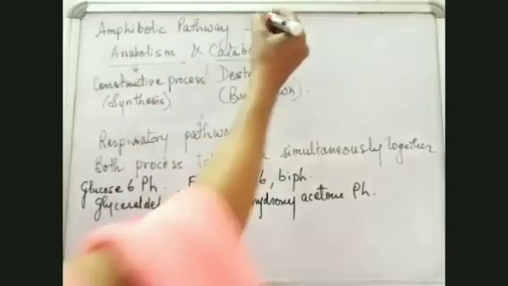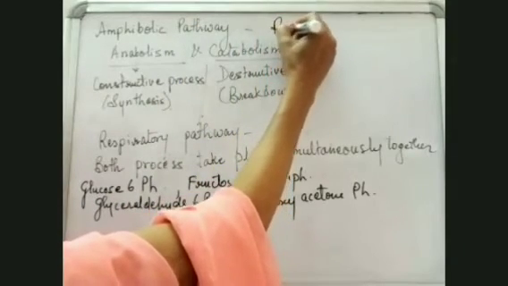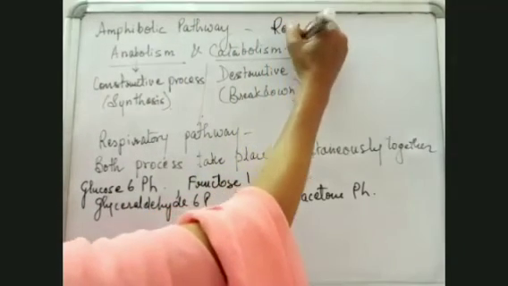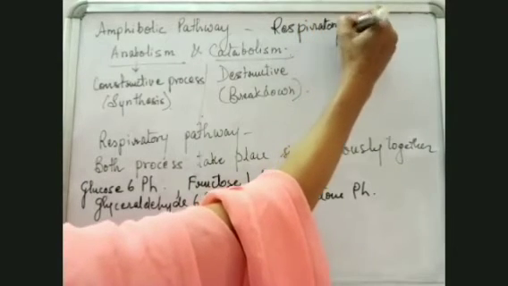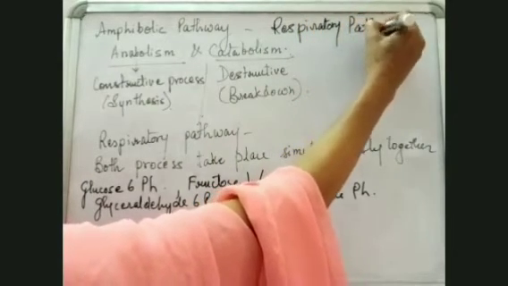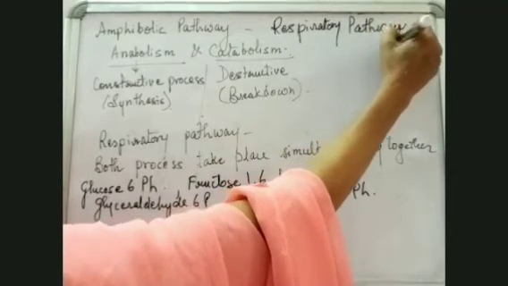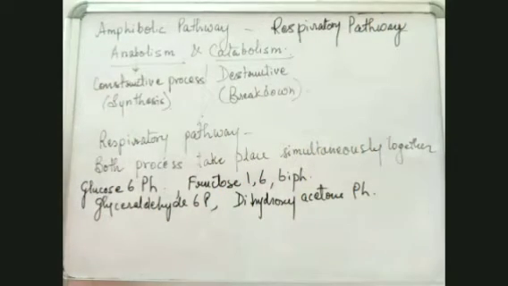So the respiratory pathway can be considered an amphibolic pathway, because both anabolic and catabolic processes are taking place together. That is why we call the respiratory pathway amphibolic pathway.